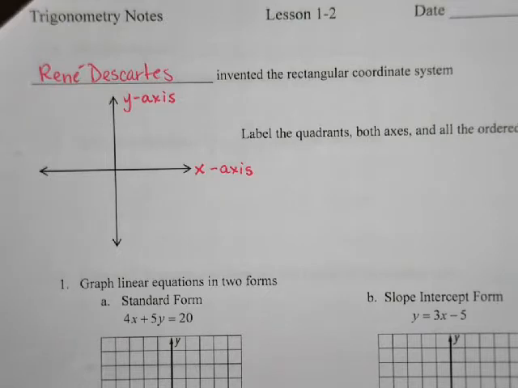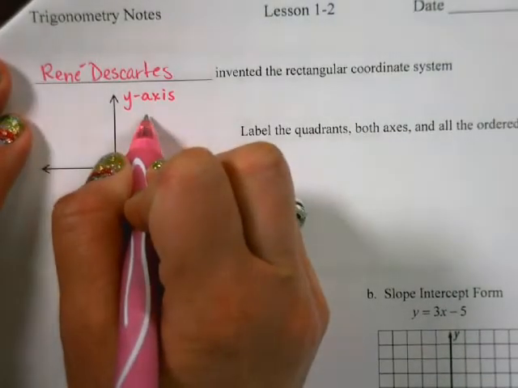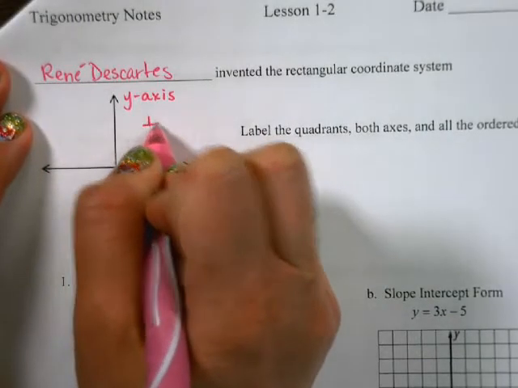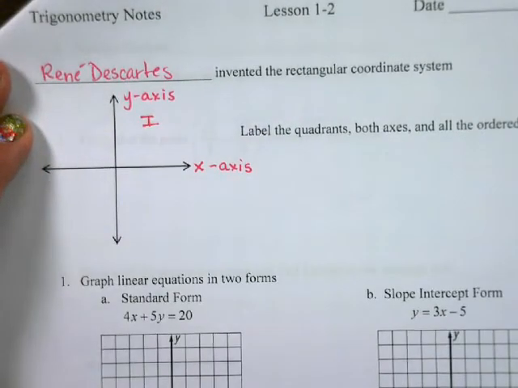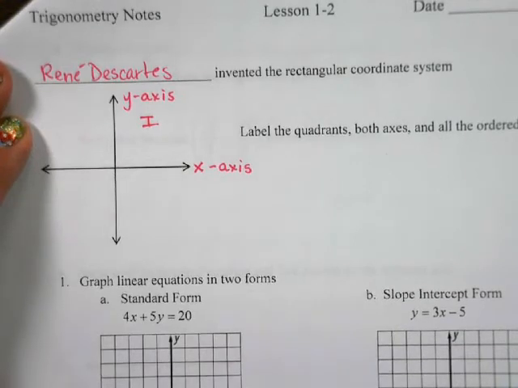Now, the quadrants are labeled with Roman numerals. I would like you to use Roman numerals. Do you remember Roman numerals? We always start here in the upper right-hand corner, and he's quadrant 1, and we write him with an I. Then we go counterclockwise.